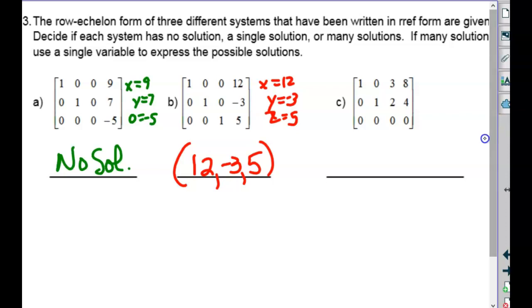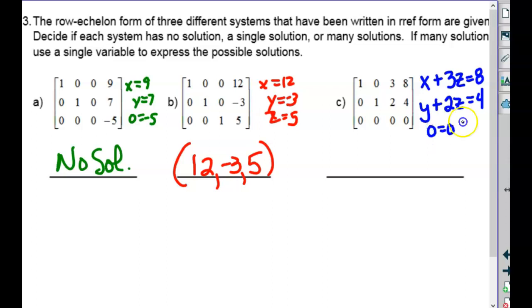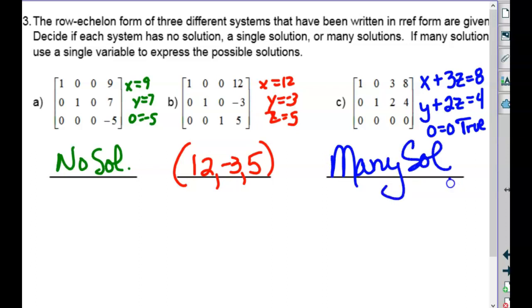Any questions? Okay, what does this first sentence say here? X plus 3Z equals 8. Then it says Y plus 2Z equals 4. The zeros are true, therefore we have many solutions, but we have to write something where they're all in terms of, what do they have in common?